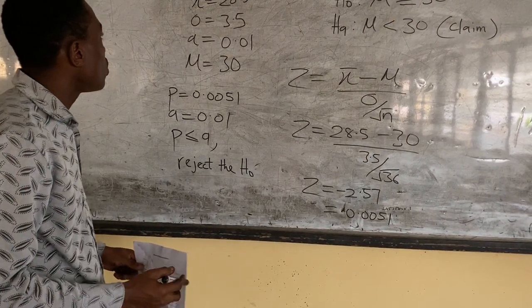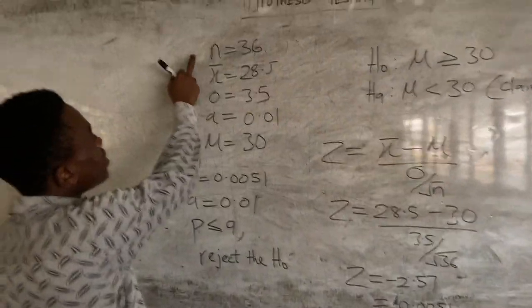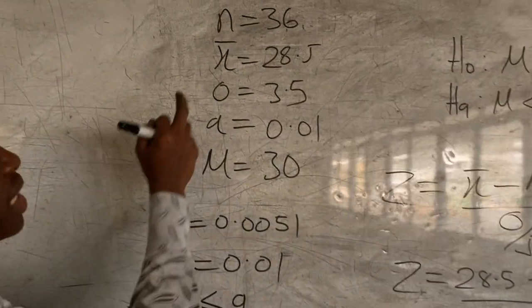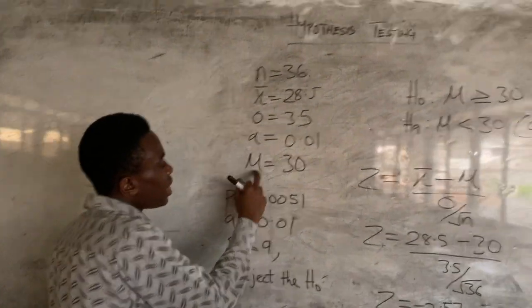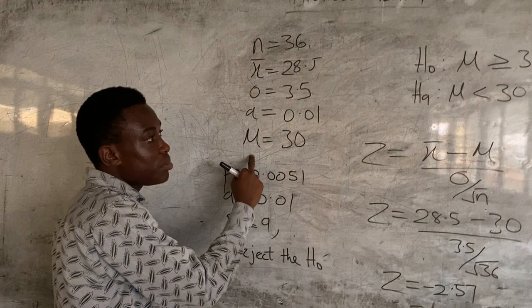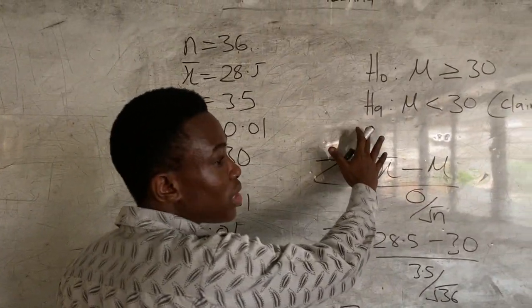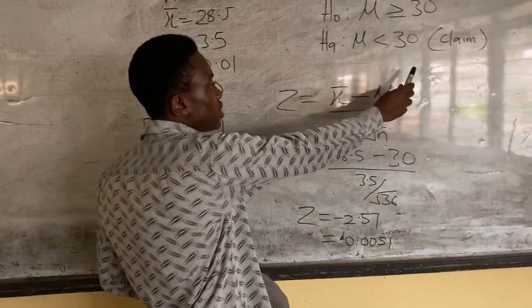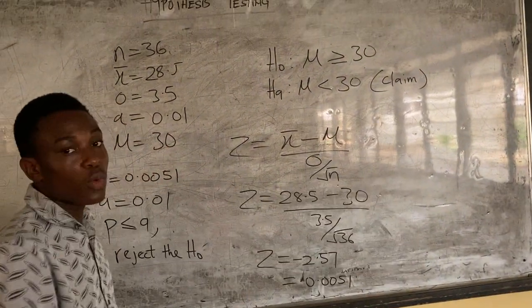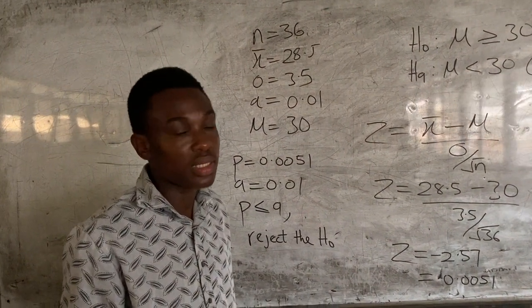So we had a question, and in it we were given our sample size, sample mean, standard deviation, our alpha, which is the level of significance, and our population mean. From there we stated our null and alternative hypothesis, and identified our claim to be the alternative hypothesis. Then we stated that it's a one-tailed test, specifically a left-tailed test.